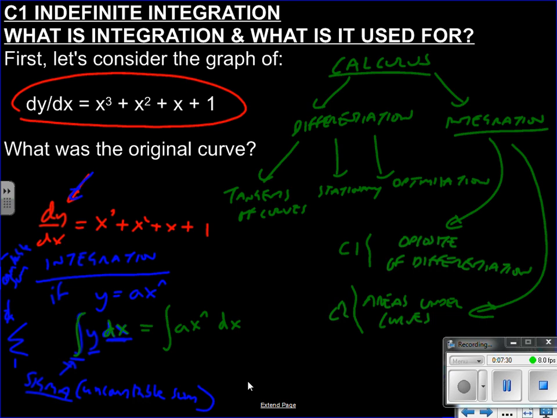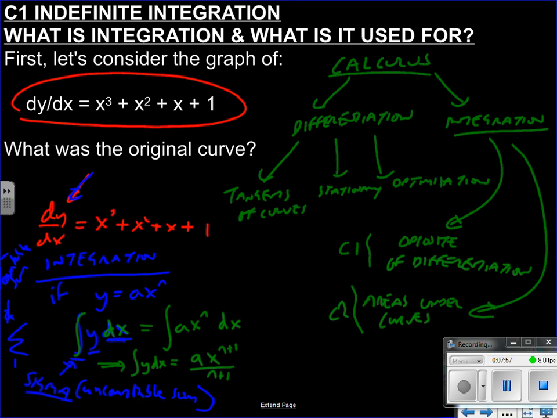So if I do something to the left, I've got to do it to the right. So what I get is the integral of y dx equals, and we just said our new formula, ax to the n plus 1 divided by n plus 1. So add 1 to the power, divide by the new power, but we're not quite finished yet, because we haven't considered something, have we? We have not considered something.